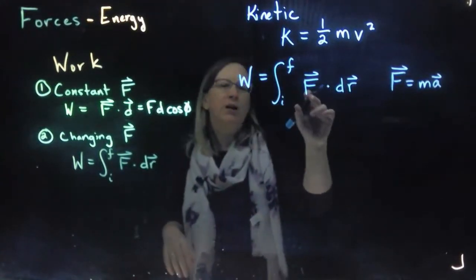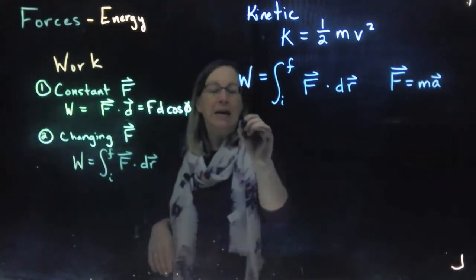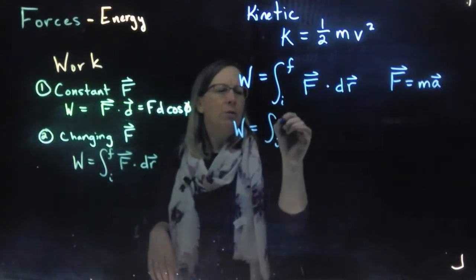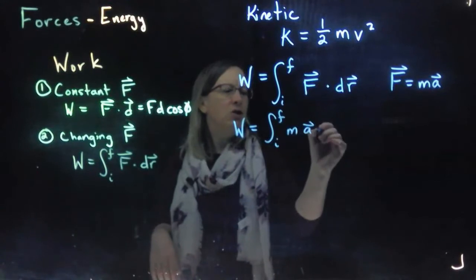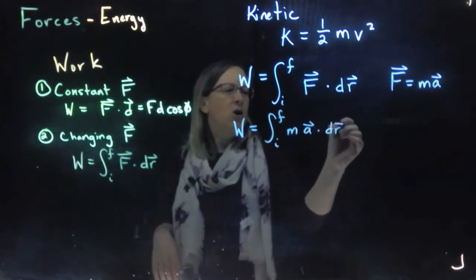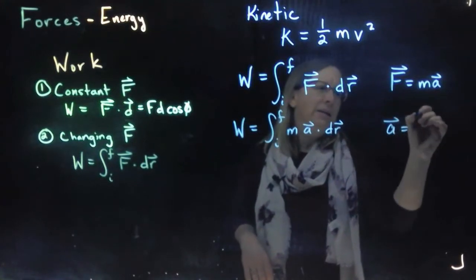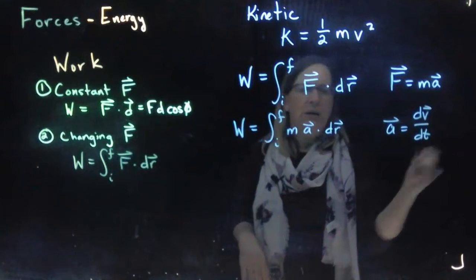And so if this is my total force, then this is going to be my total acceleration, my net acceleration. So work is equal to, from initial to final, mass times acceleration dot dr. And what we know about acceleration is that it is the change in velocity, dv dt.